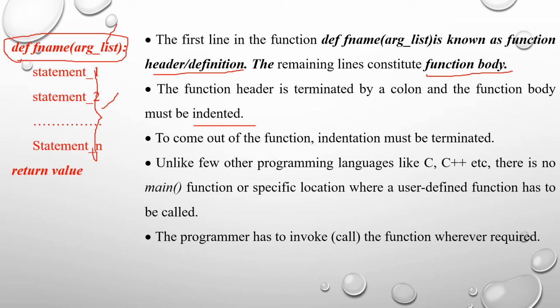To come out of the function, the indentation must be terminated. Unlike a few other programming languages like C, C++, etc., there is no main function or specific location where a user-defined function has to be called. The programmer has to invoke or call the function wherever required.